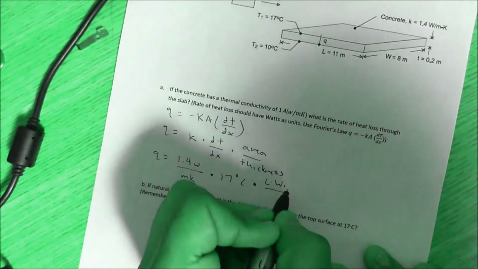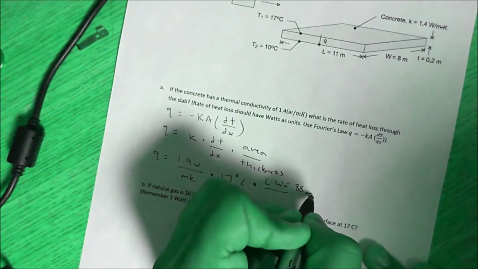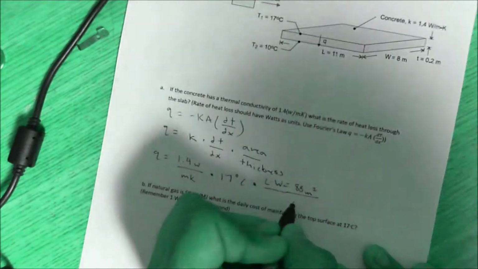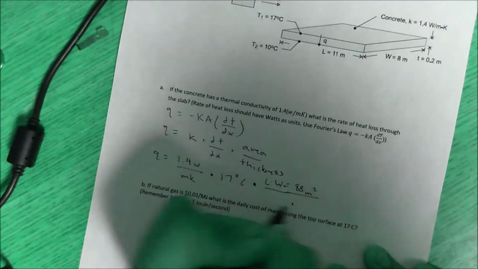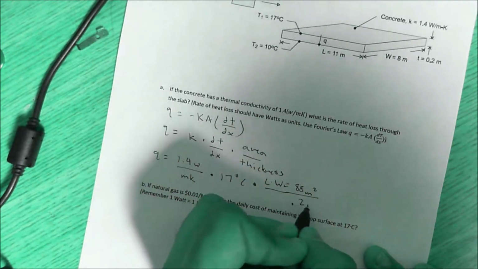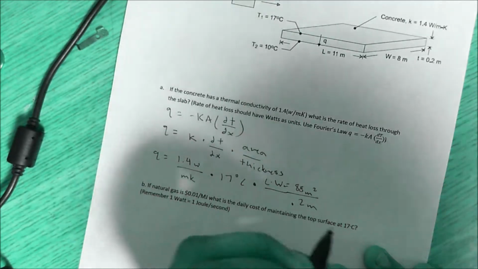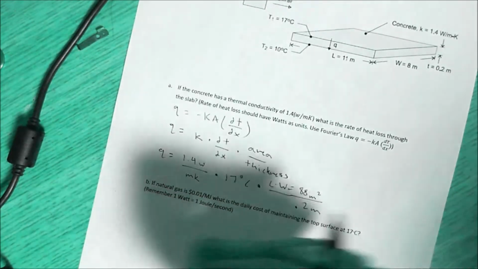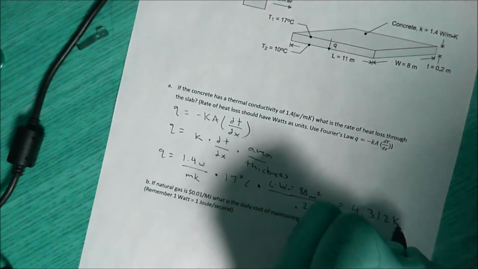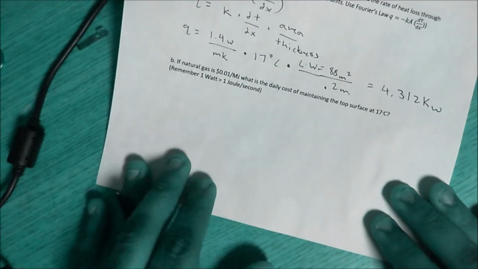This value comes out to be 88 meters squared, because I've already calculated it for our purposes. And we divide it by our thickness, which in this case is 0.2 meters. You have to keep in mind that the 20 centimeters needs to be converted into meters in order to do this. So that gives us a Q value of 4.312 kilowatts.